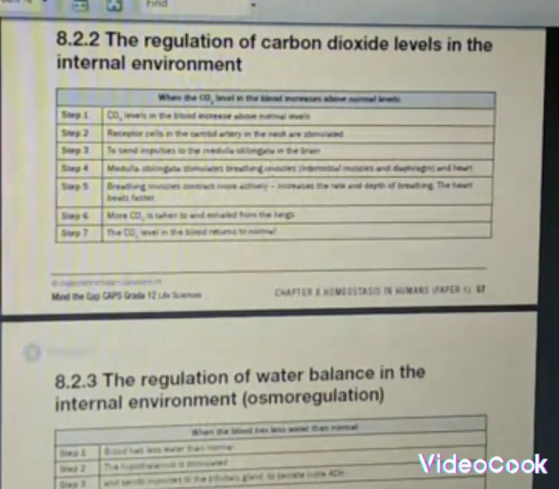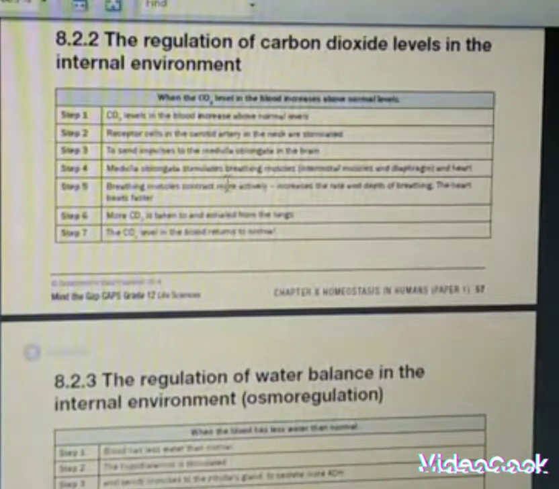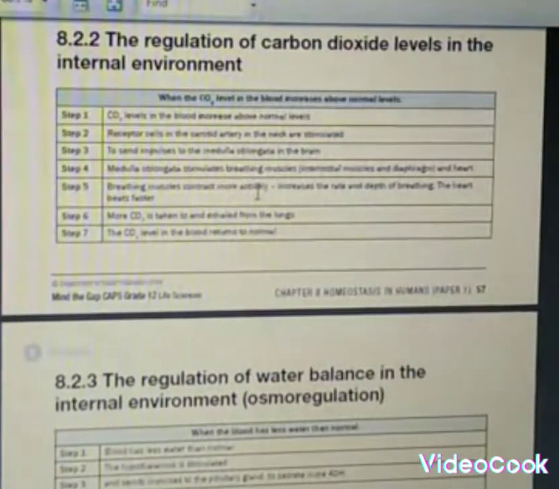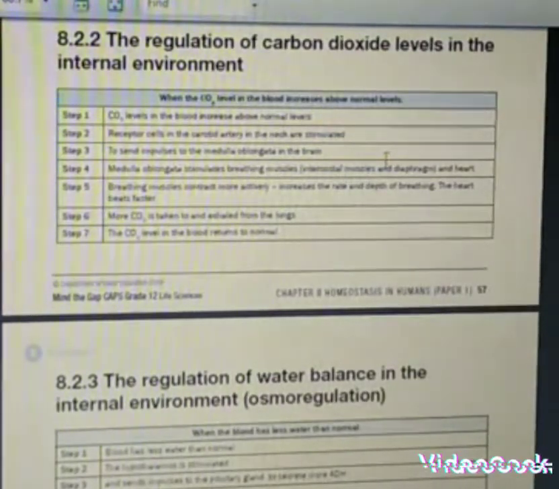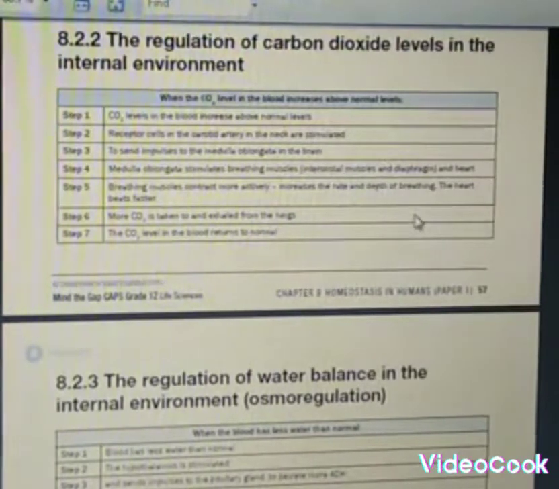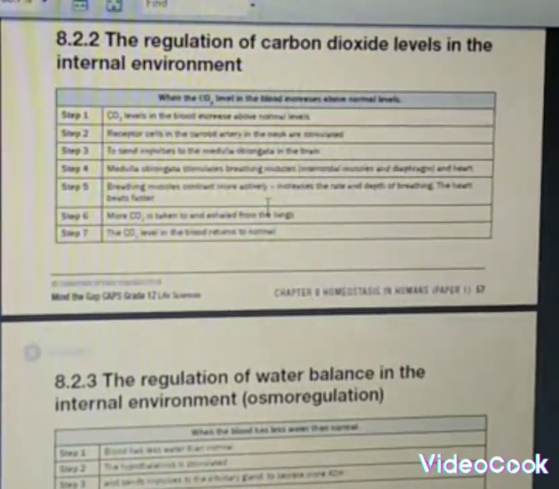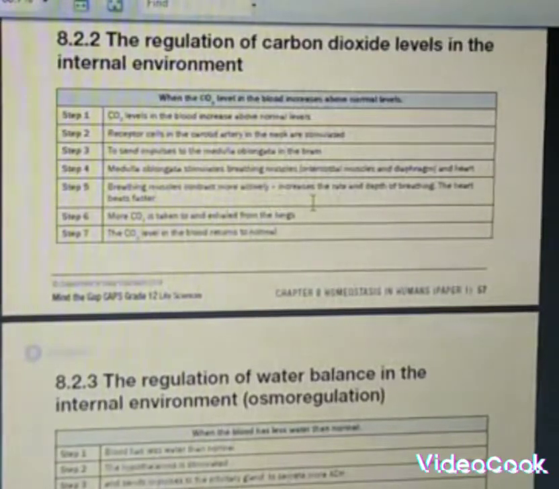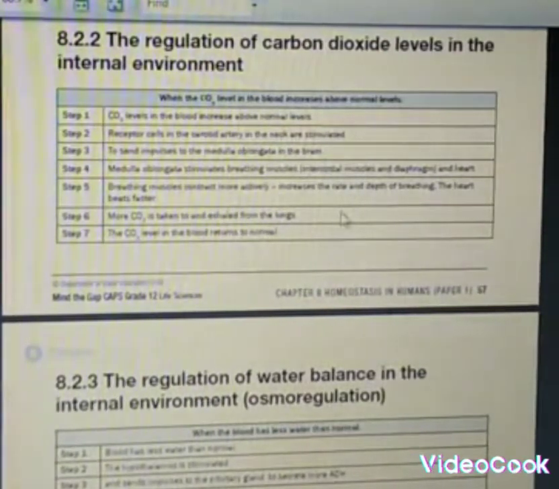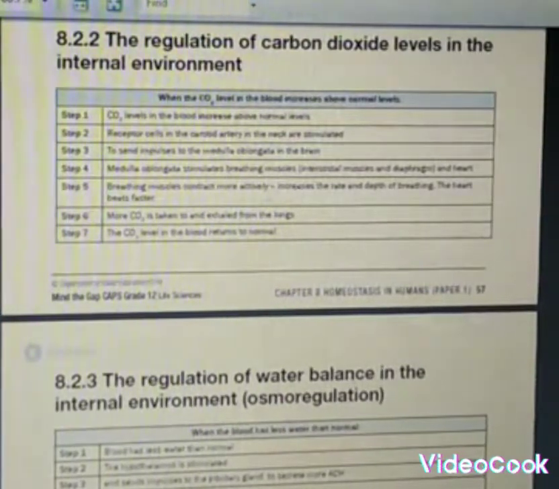So the medulla oblongata stimulates the breathing muscles, your intercostal muscles and the diaphragm, and also the heart. Once they are stimulated, your breathing muscles contract more actively. This contraction increases the rate and depth of breathing, and your heartbeat a little bit faster, okay?